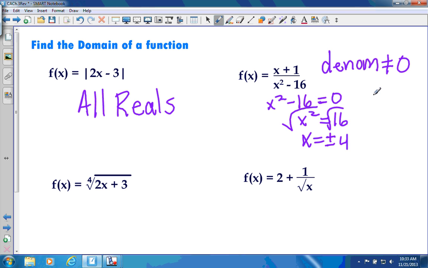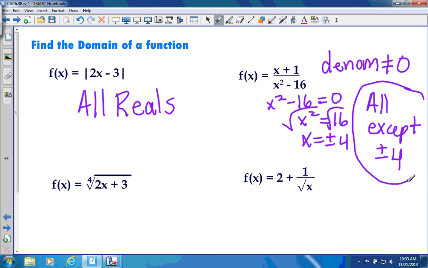And so then your domain for this one would be all reals except plus and minus 4. And if you want to write your domain like this, that is fine.